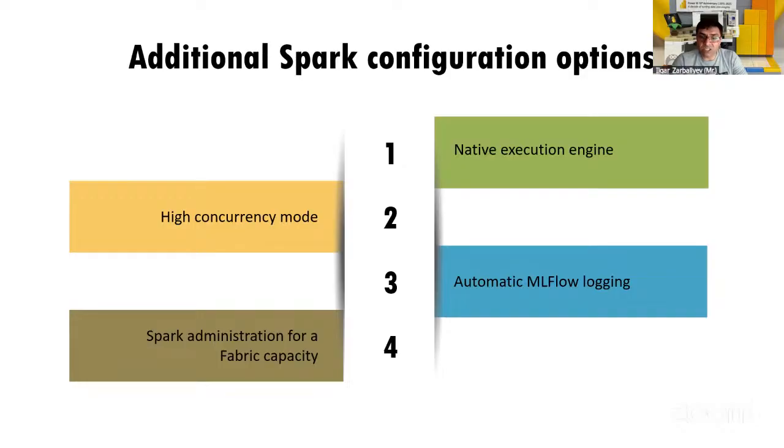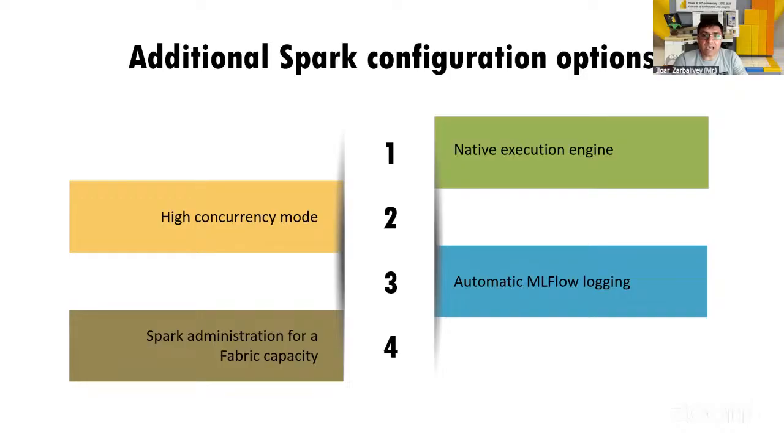This allows organizations to enforce governance standards, control resource usage, override workspace level configurations, and ensure consistent Spark behavior across multiple teams and business units. For enterprise environments, this centralized management capability helps balance flexibility for developers with control and compliance requirements for administrators.